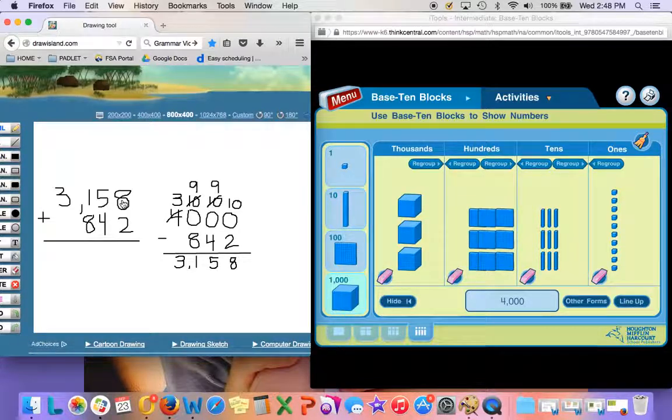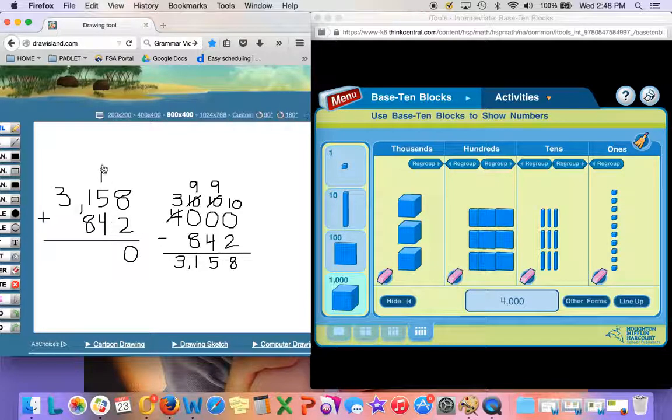So 8 ones plus 2 ones equals 10 ones. So I'm going to go ahead and regroup it. Since I have 10 ones and I can only put up to 9 ones here, I'm going to regroup it as a 1 ten and 0 ones. Now we have 5 tens plus 4 tens plus 1 ten equals 10 tens, which actually is 100.